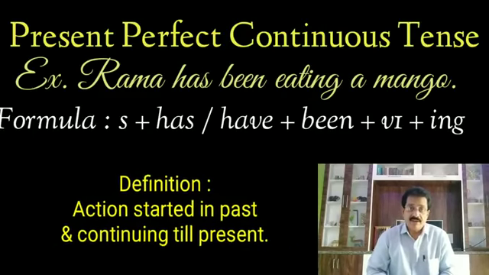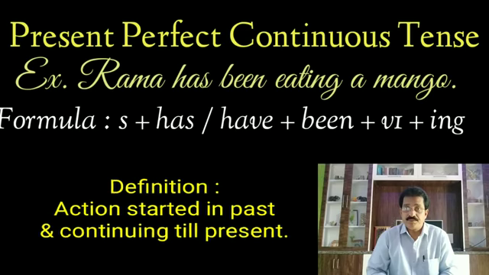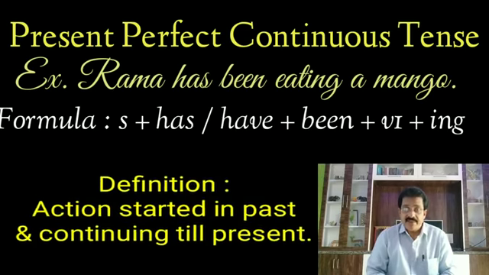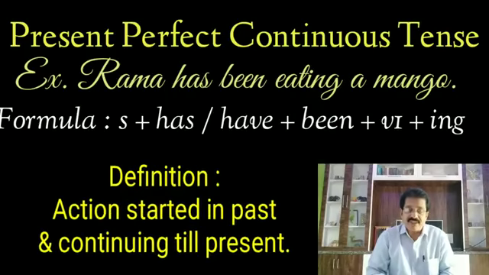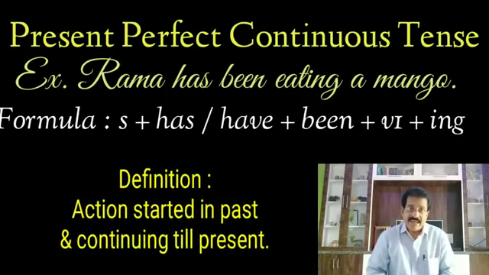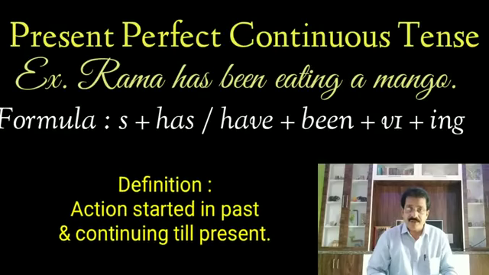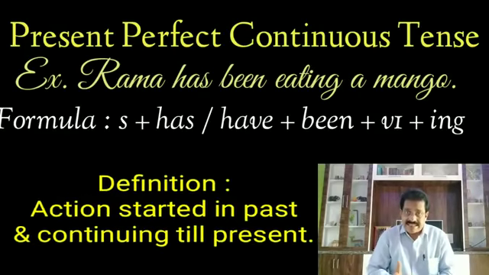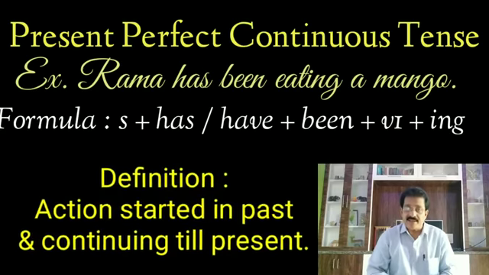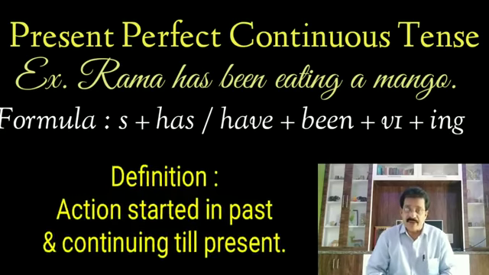And after that, we are not bothered about it. So this is the basic necessity for using present perfect continuous tense. An action should start in the past and continue for a long time till the present moment at least. Later it may or may not.